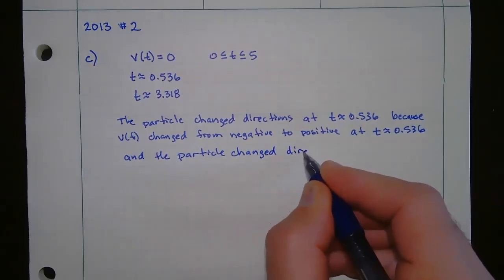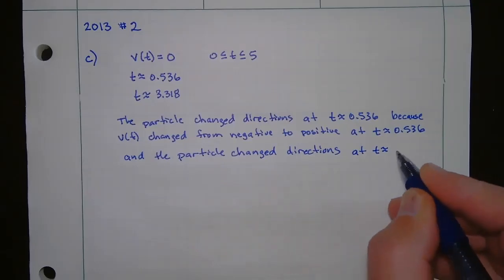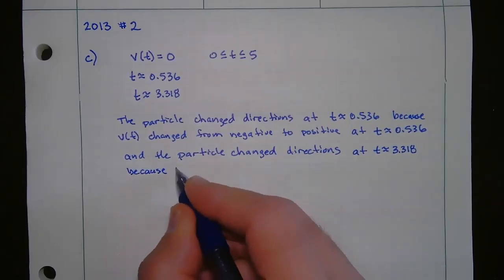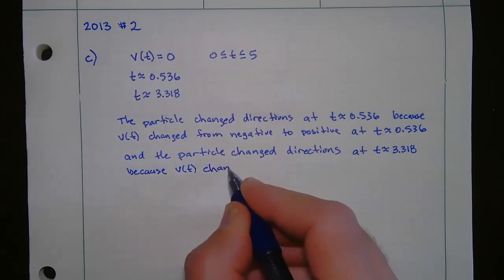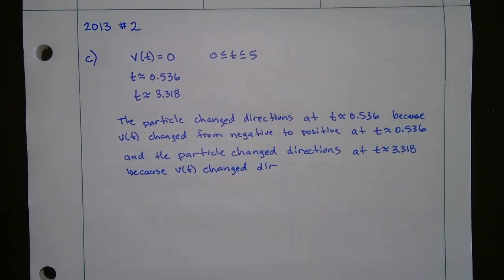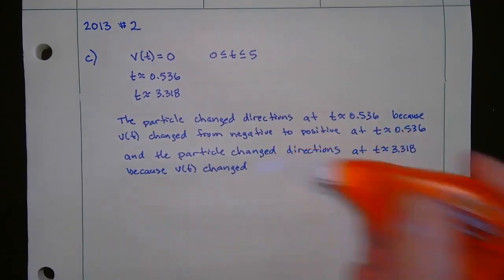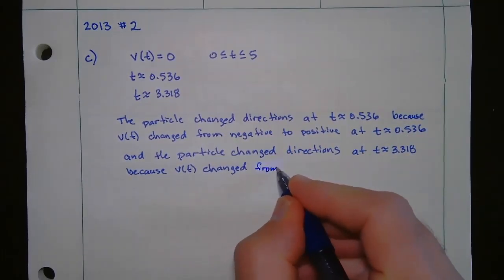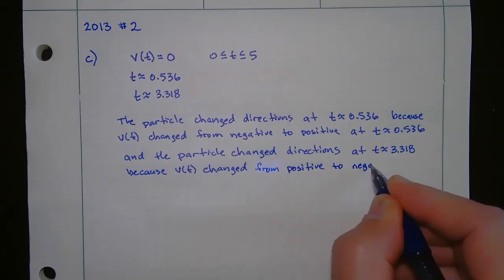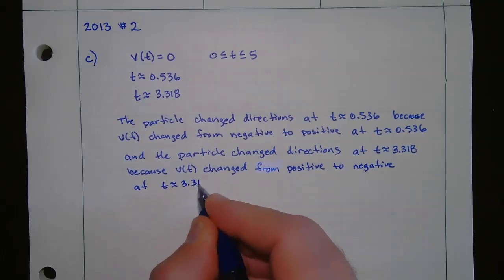You could write 2 sentences for this too. Changed directions at t is approximately 3.318 because v of t changed signs, or changed from positive to negative at t is approximately 3.318.